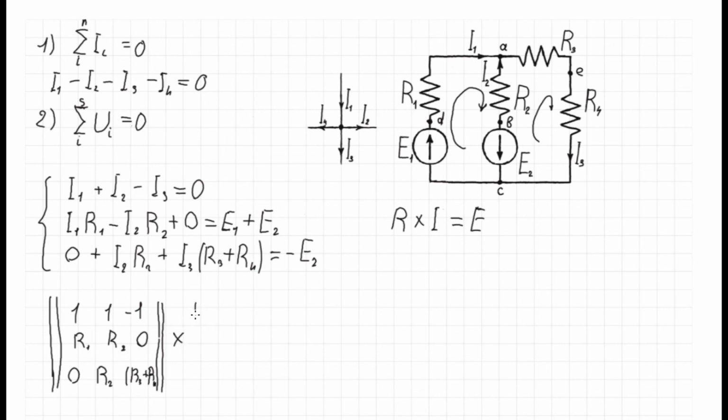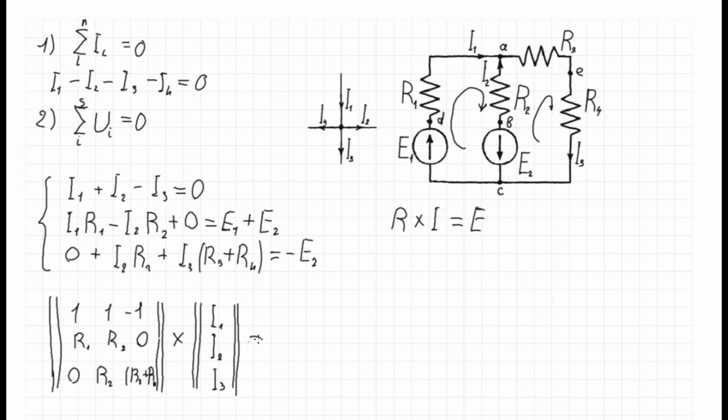And multiplying next by the vector matrix or column matrix for currents: current 1, current second, and current third.